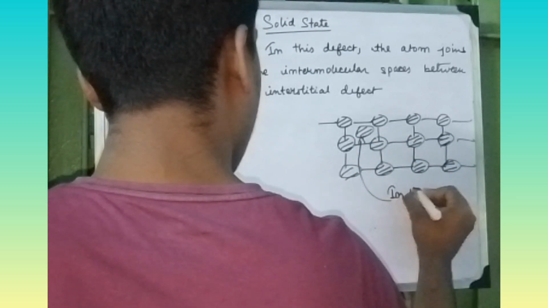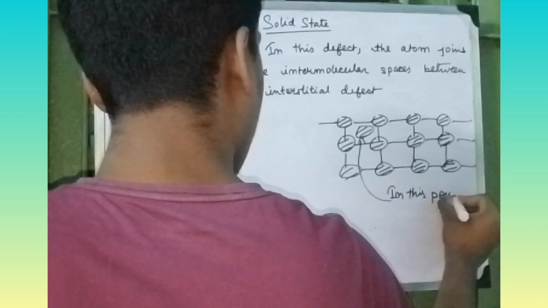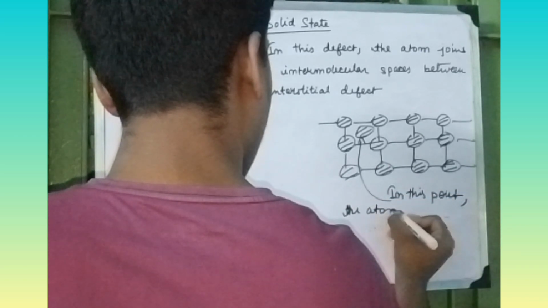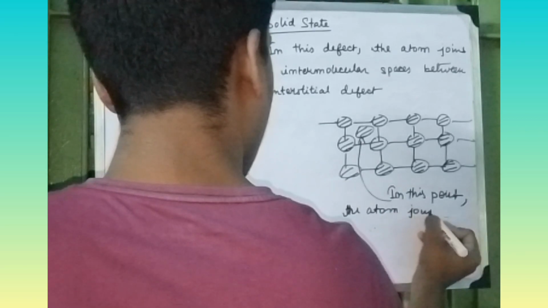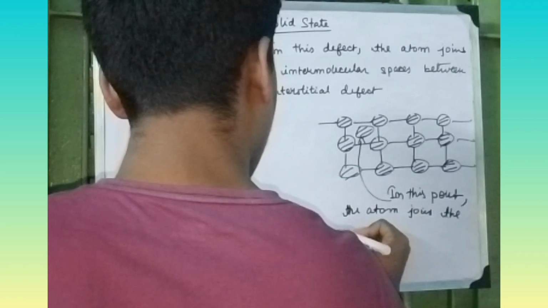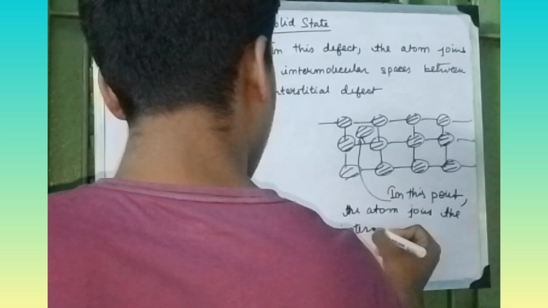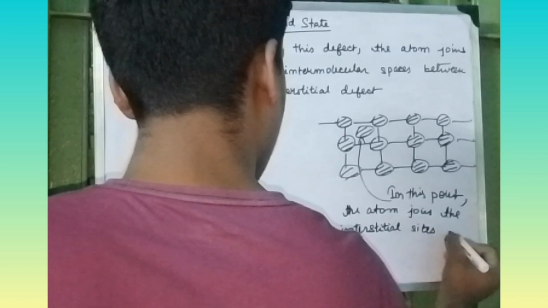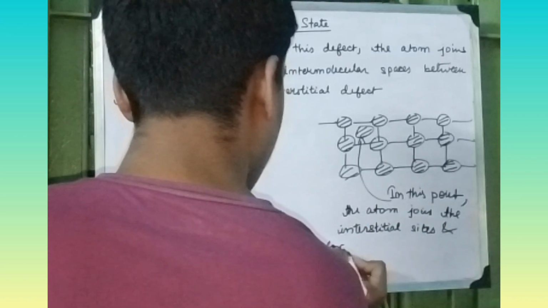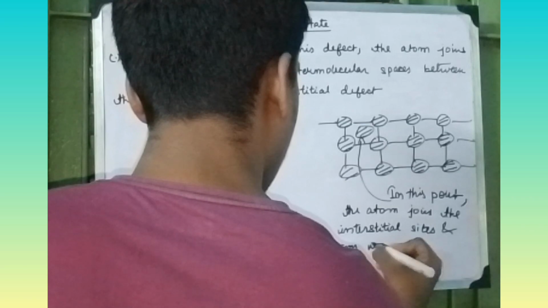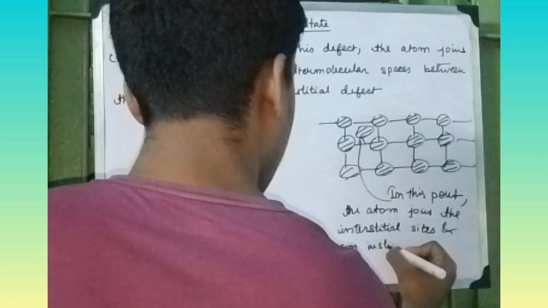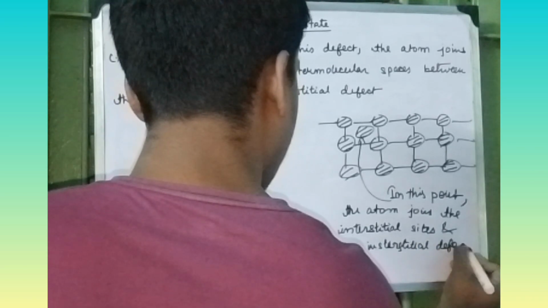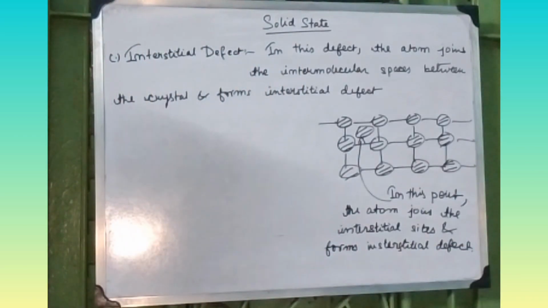The middle one pointing is the point where the atom occupies the intermolecular spaces between the atoms and forms the interstitial defect. To understand this more briefly, I will refer you to a diagram.